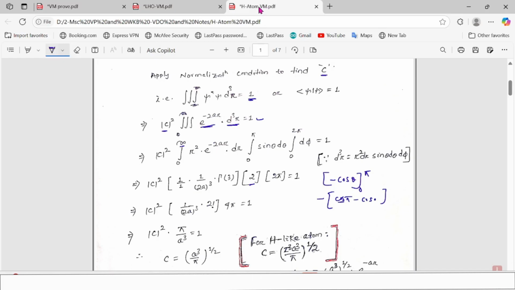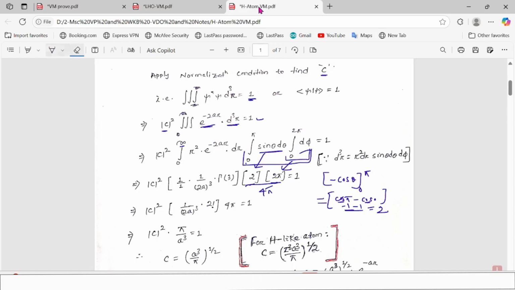Cos pi is minus 1 and cos 0 is 1, so finally it is 2. So the sin theta d theta integration from 0 to pi, just remember, is 2, and the d phi integration with limit 0 to 2 pi will be 2 pi. So this double integration value is 4 pi. Just remember this.